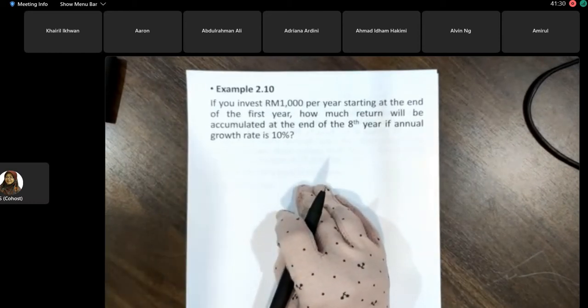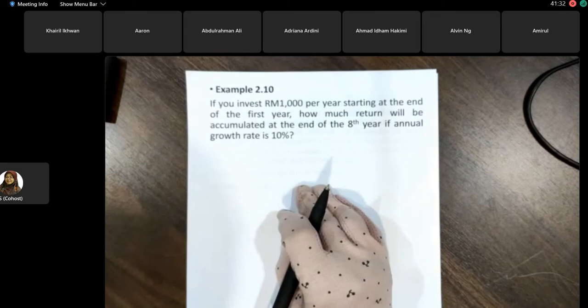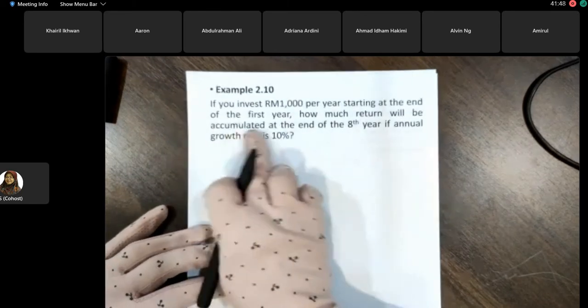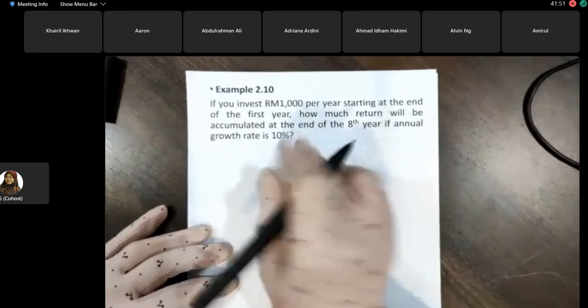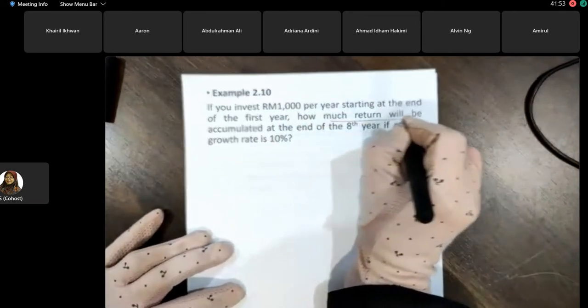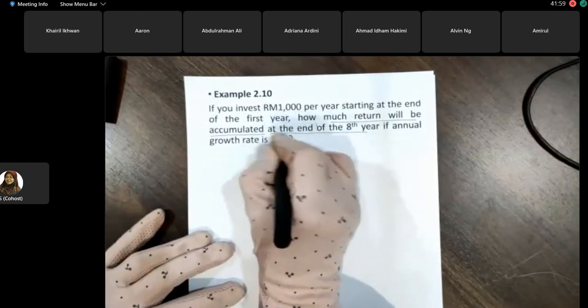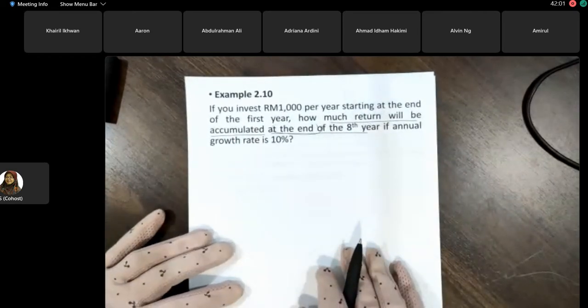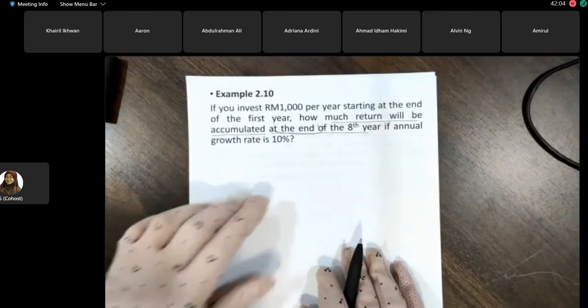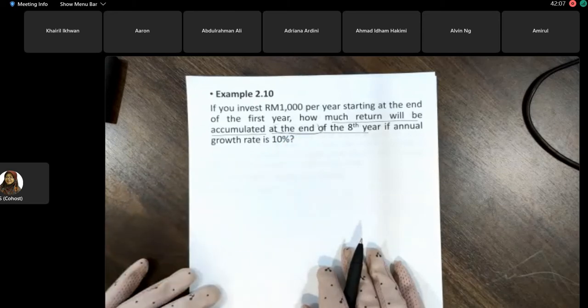If you invest 1,000 ringgit per year starting at the end of the first year, how much return will be accumulated at the end of the 8th year if annual growth rate is 10%? How to do it? How much return will be accumulated at the end of the 8th year? What do you want to find out?